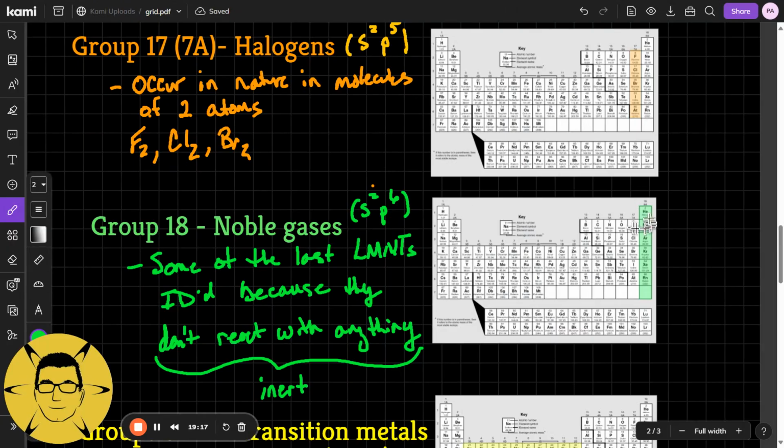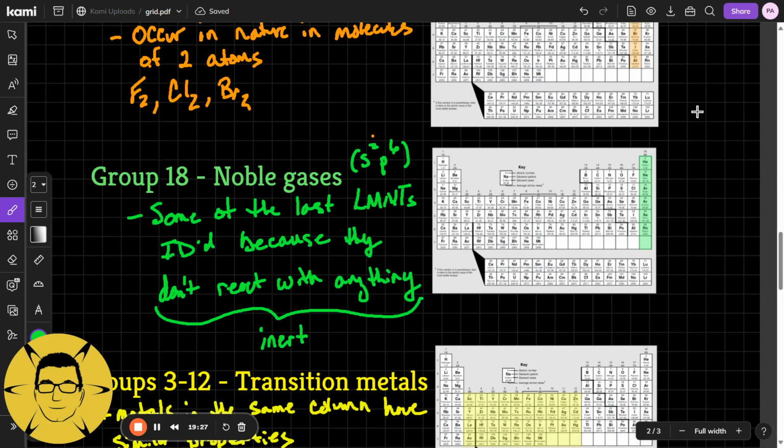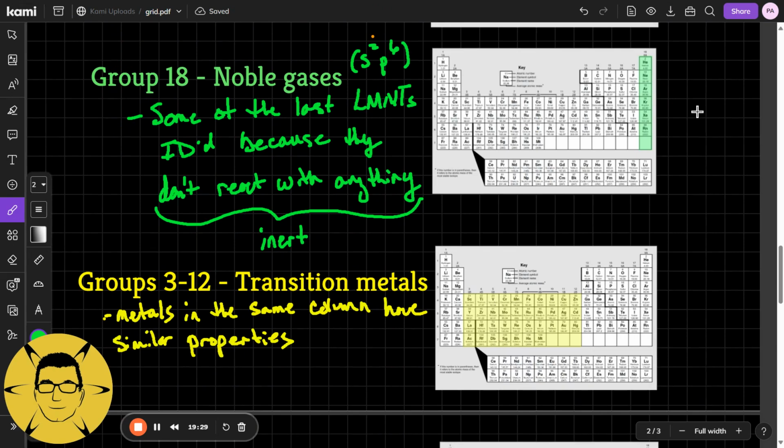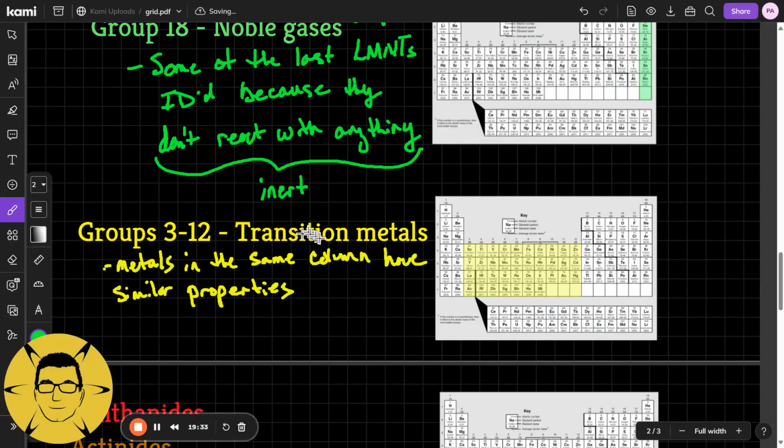All right, and that last column is green. Or that's how we're doing it. Okay. And that was group 18. All right, groups 3 through 12. That middle section right here, we're coloring it yellow, and those are our transition metals.